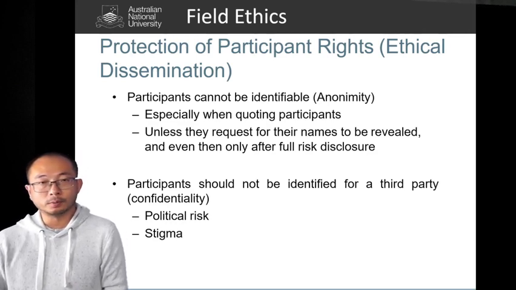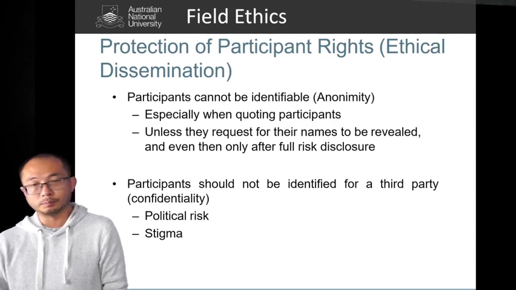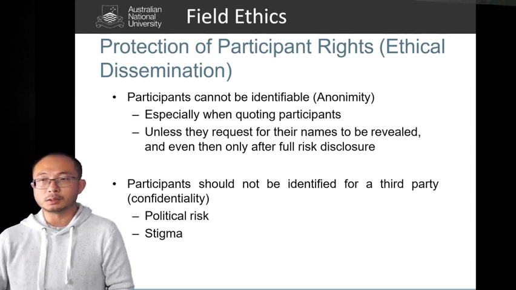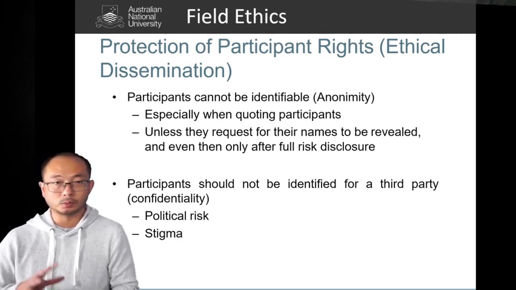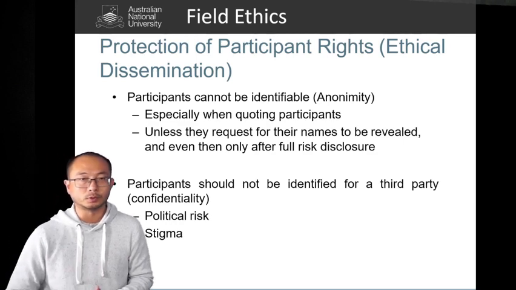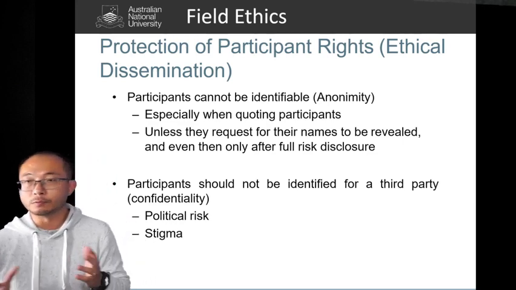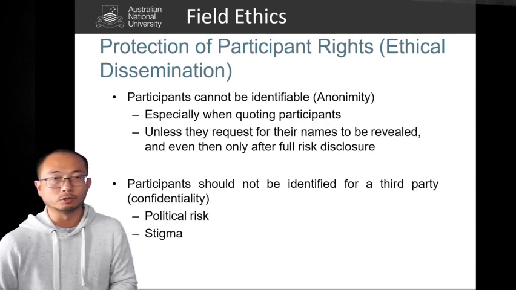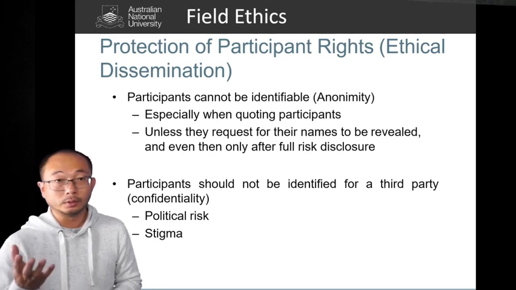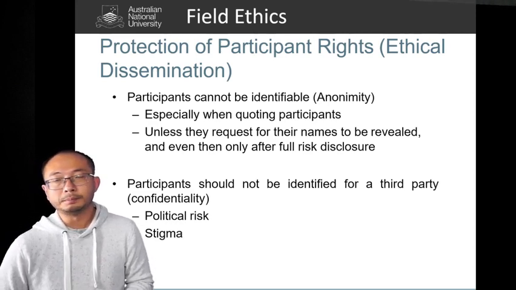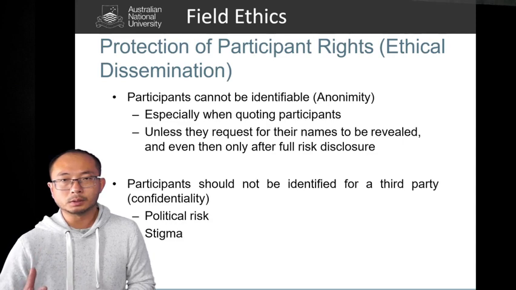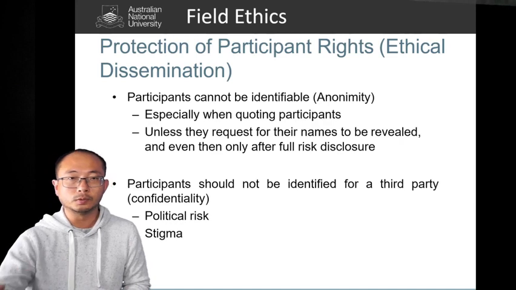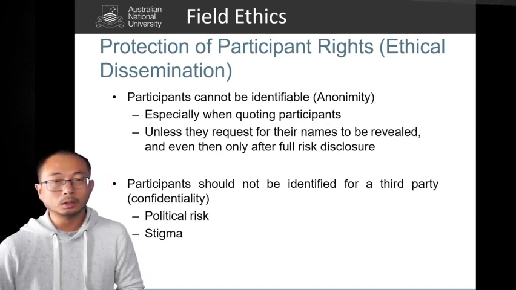Participants should not ever be identified to a third party due to political risk and stigma. So, probably less relevant for people who do their research around Australia, I think. But for many of you who maybe get interested, like me, in political ecology or in tropical ecology, you end up in places where, to get into the field site, you will need to make political connections.